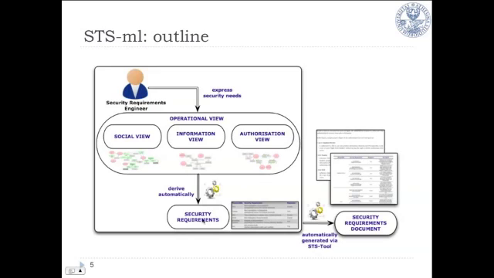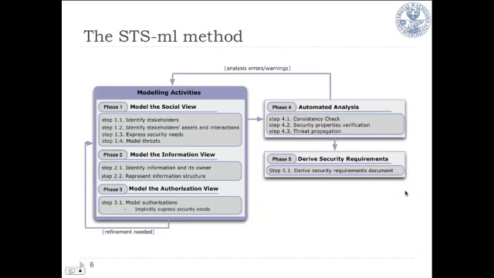This is automatically derived by the tool once the modeling is done and all the security needs are expressed. And in the end, we can also automatically generate a security requirements document that explains in more detail the scenario or the system that is being built and the set of security requirements it has to satisfy in order to be secure.